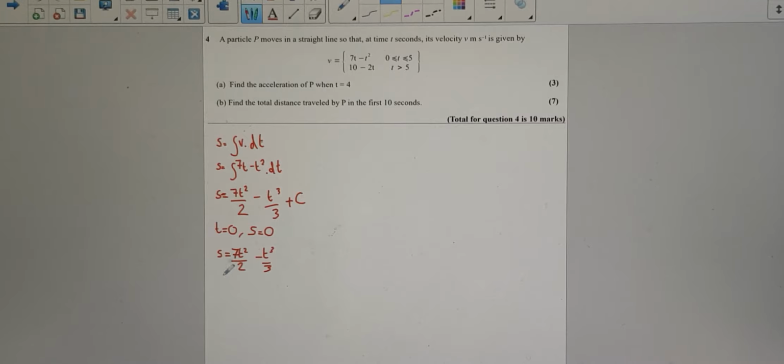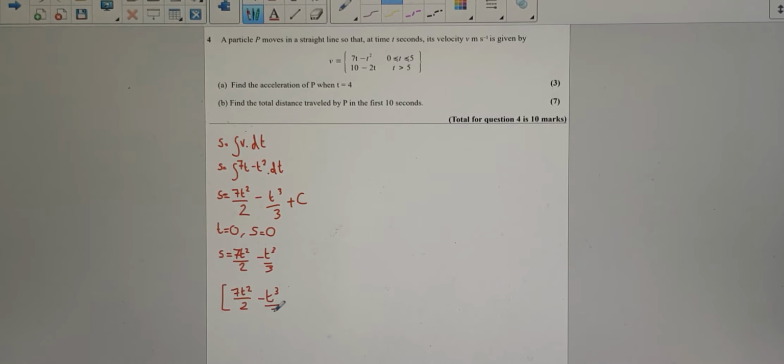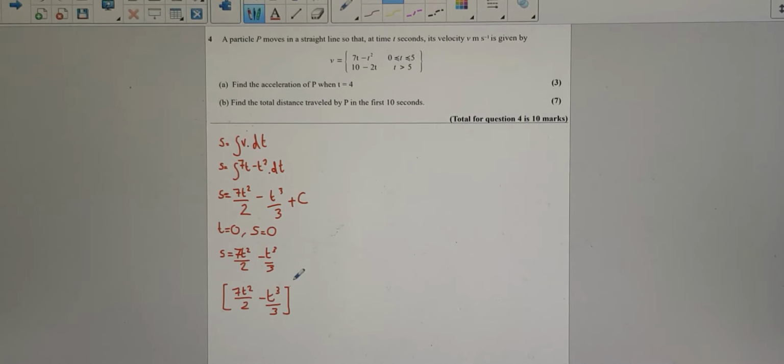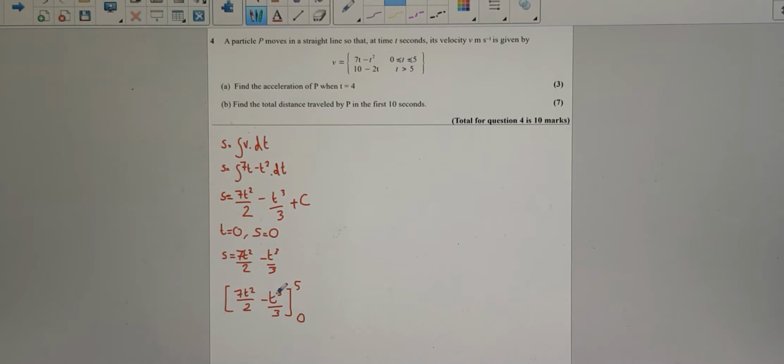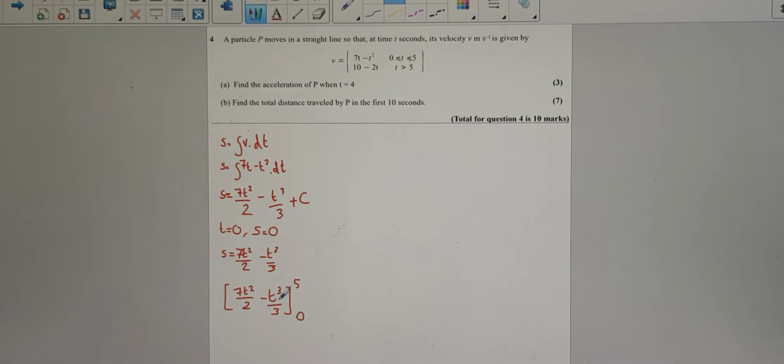Then what am I doing? Well, that's my integrated expression, 7t squared over 2 minus t cubed over 3, and I'm looking at that between t equals 5 and t equals 0. Hopefully we can see that if I put t equals 0 into that, because there are t's in each of these terms, it's just going to be equal to 0.